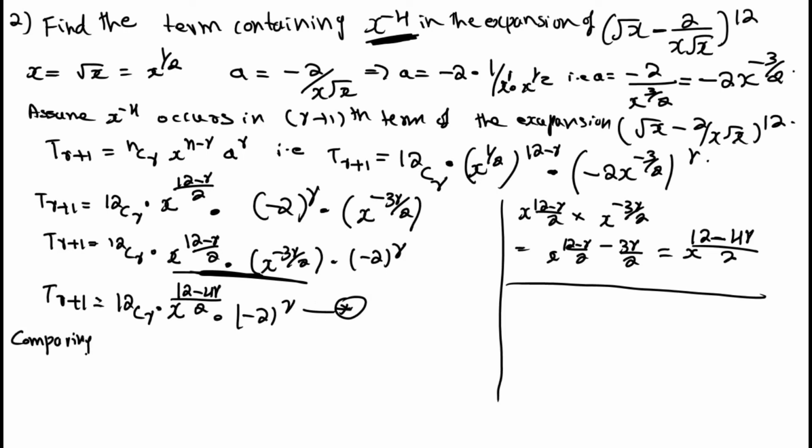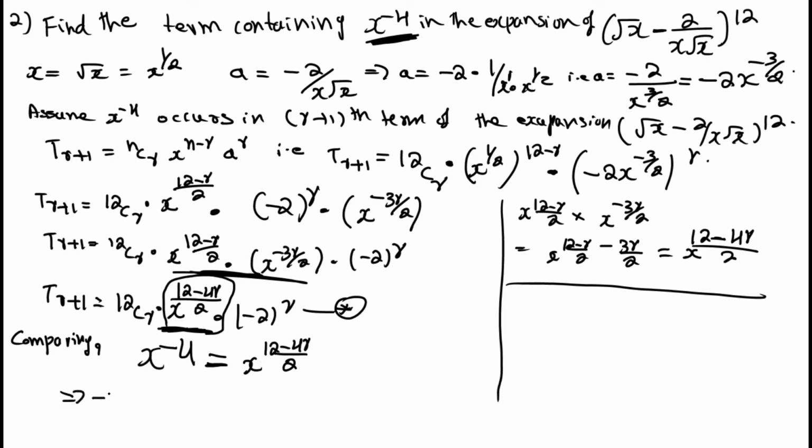Comparing with the given question. What's the given question? x to the power minus 4 equals, here you need to take x to the power only, right? Because you are comparing the power of x only. So take the power of x only in the general term, here x^((12 minus 4r)/2). Two terms are equal and their bases are equal, so that time the powers are also equal.